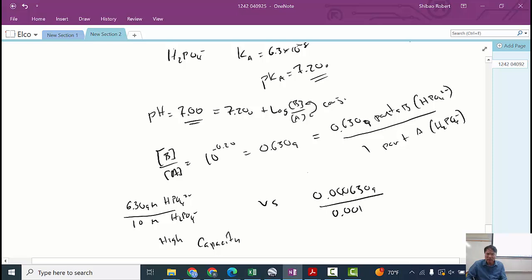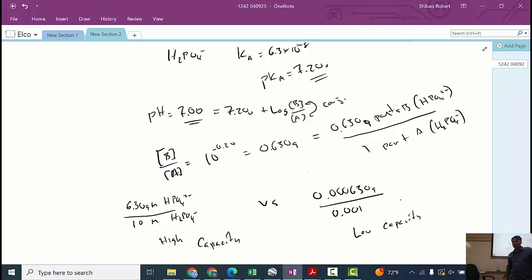Yeah, that's right. This would be low capacity. The difference is its resistance to pH changes. This has high capacity to neutralize things that you might add. And so this is going to make a pH 7 buffer.